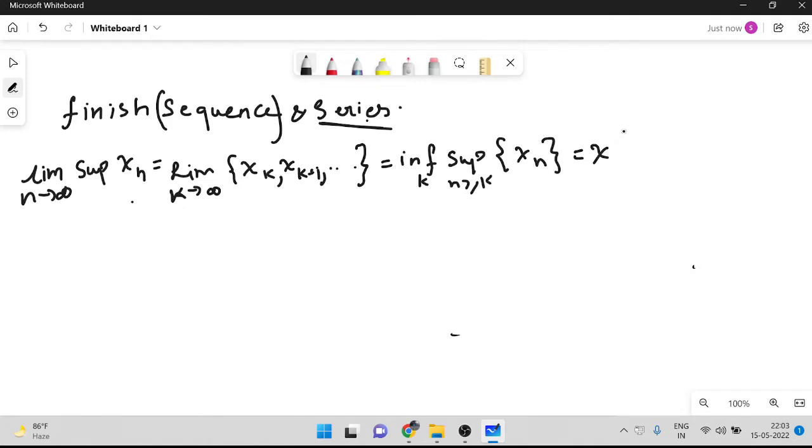Let this be x star. So we have discussed lim inf and lim sup in the last lecture.